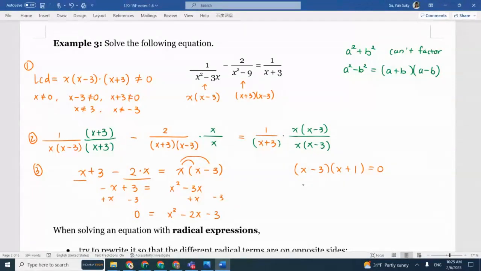And then we set each factor equal to 0. Put or. And then what is x? So we solve for x. What do we get? 3. And this one? -1.